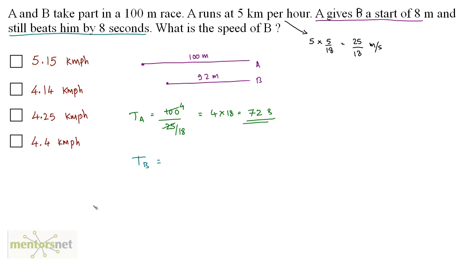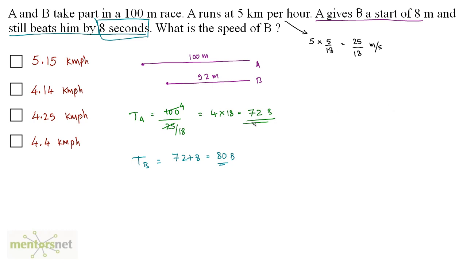So the time taken by B will be 8 seconds more than the time taken by A. So this will be 72 plus 8, and that is 80 seconds. So 80 seconds is the time taken by B.